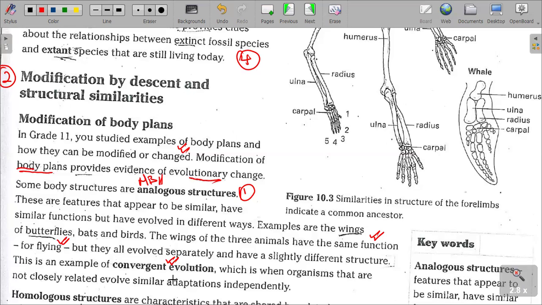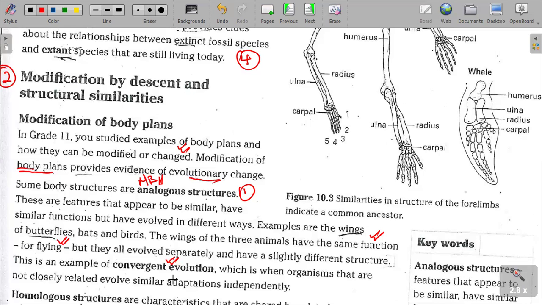Each organism undergoes its own adaptation to the habitat it lives in, and there is no gene flow between them. They evolve without interbreeding or any interference.